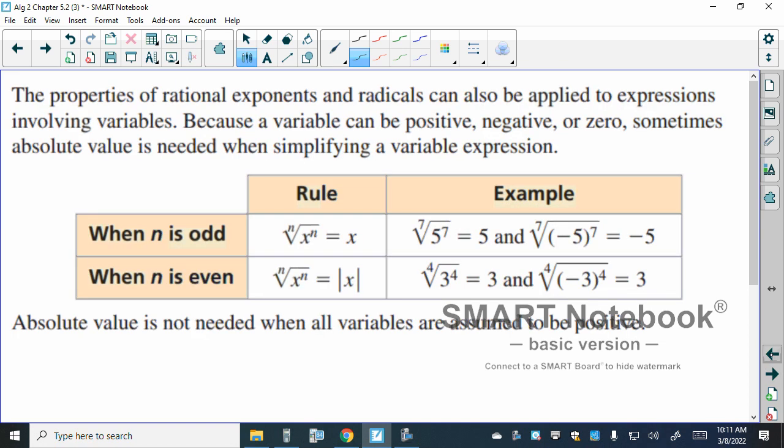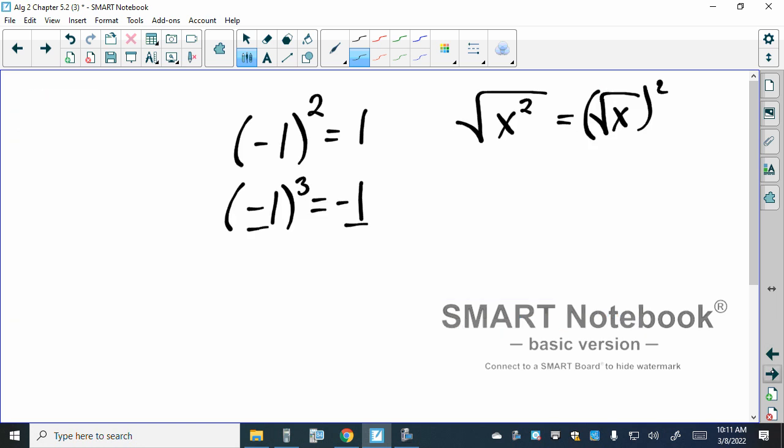But we do need to be careful of what the variable is, because the nth root of x to the n, because they do simplify out, if it's negative, as we see here, it's going to end up being negative. If it's negative and it's even, it comes out positive.